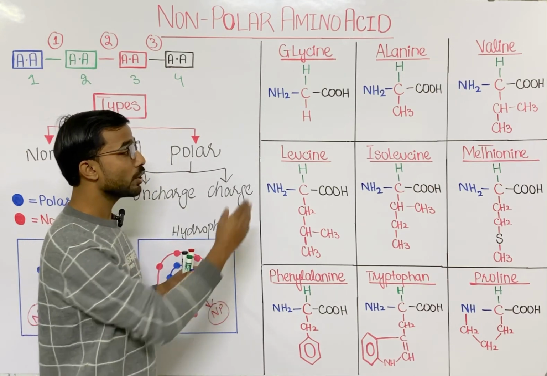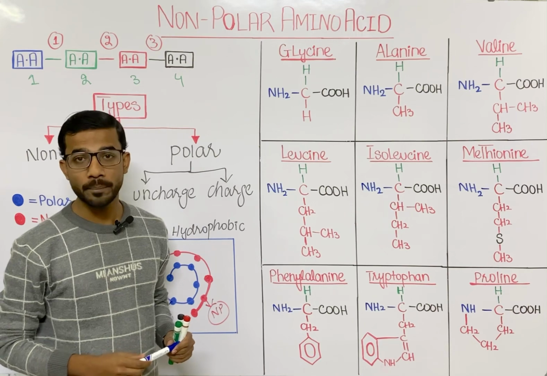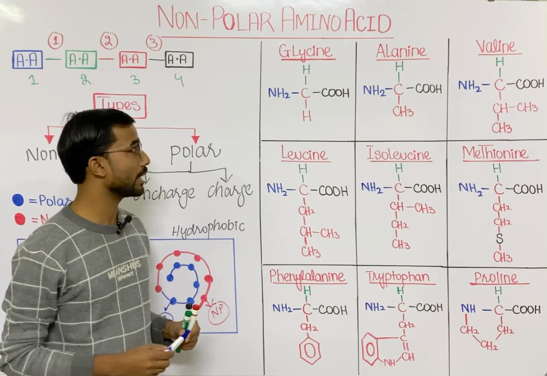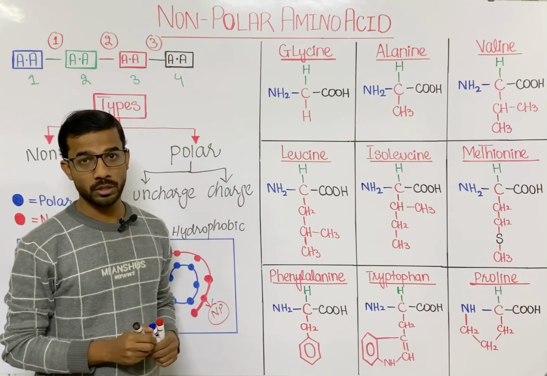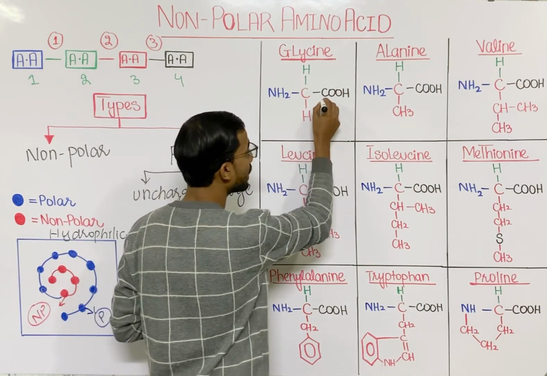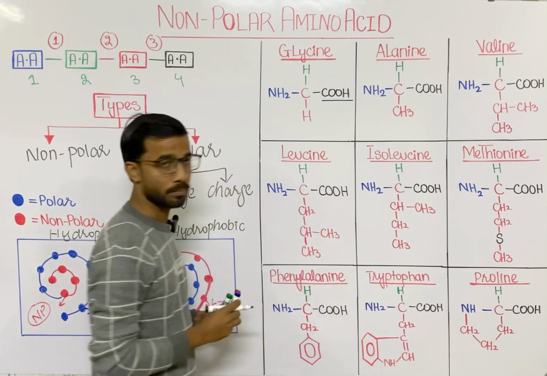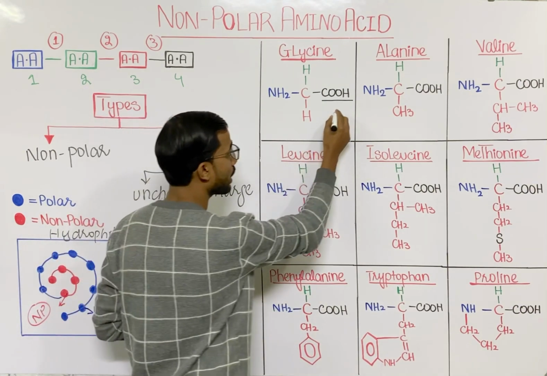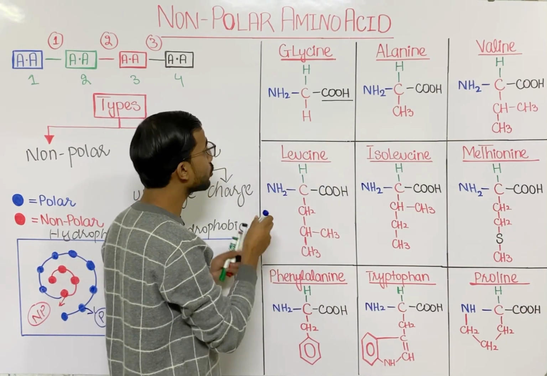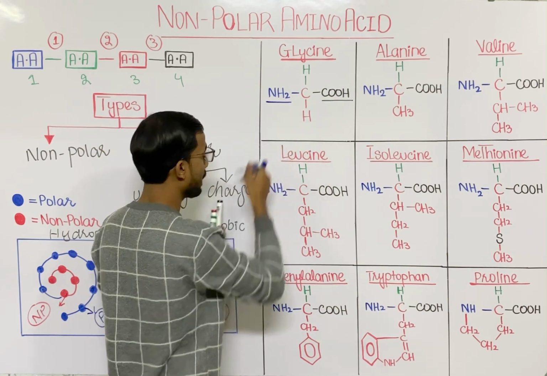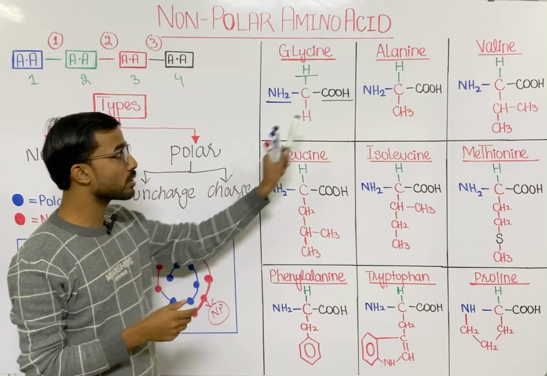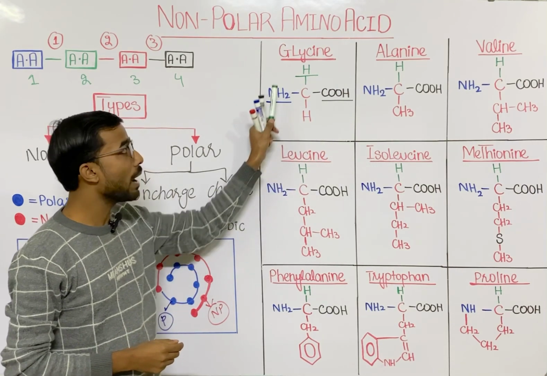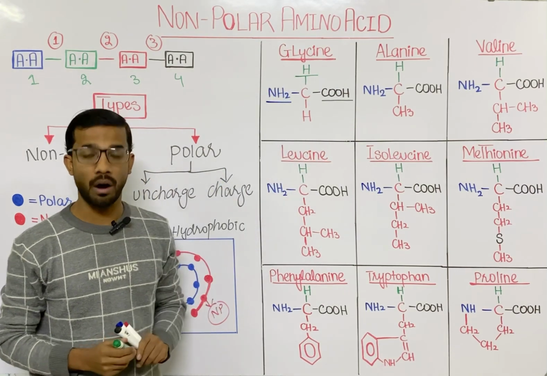If you see the 9 most important non-polar amino acids, 3 groups are common to all. The first one is the carboxylate group, the next is the amino group, and the third is the hydrogen group. So the carboxylate group, amino group, and hydrogen group are common to all amino acids.